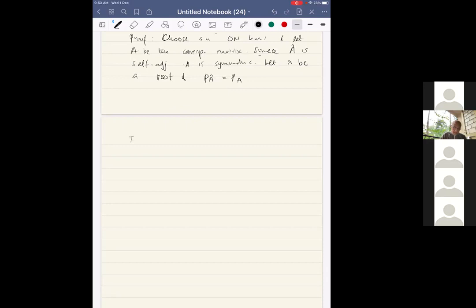But think of A as defining a map C^n to C^n, by v going to A v.